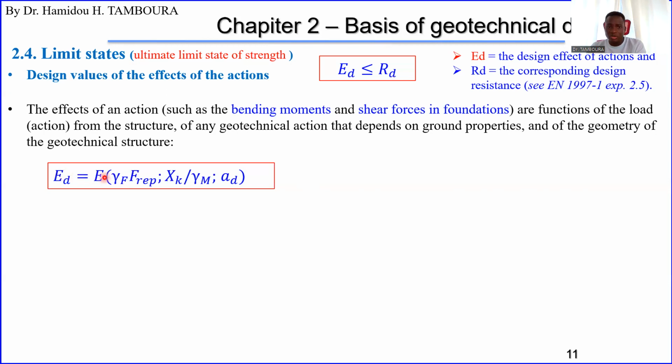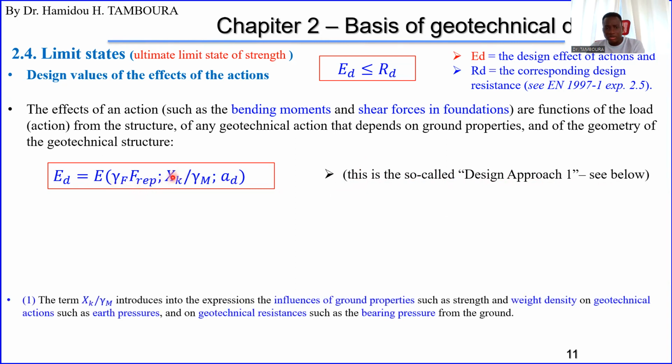Effect is about this one, E. So we have the bending moment, we have the shear force, we have everything, but we need to add some coefficient to these effects, and these coefficients are like here. We will see later that this is the design approach number 1. You will see later in the following slide.